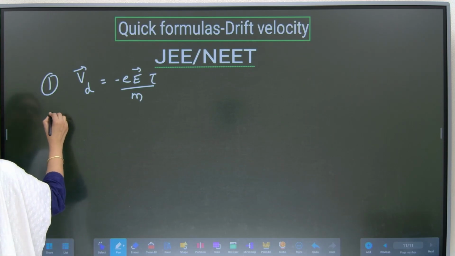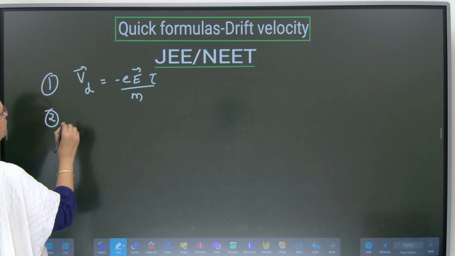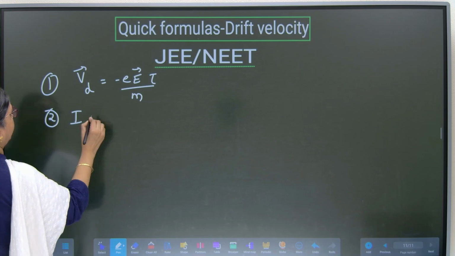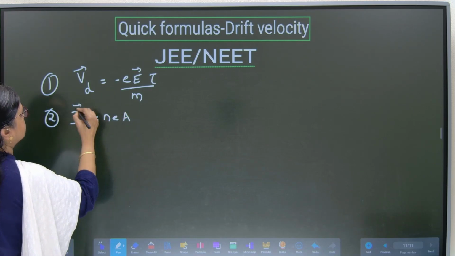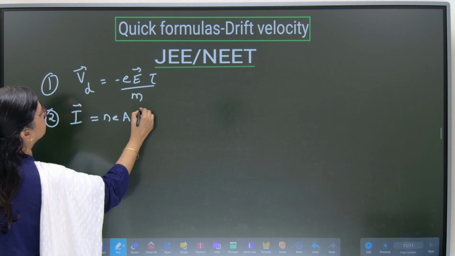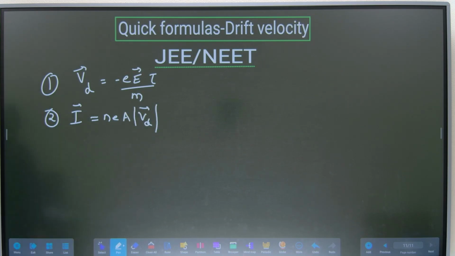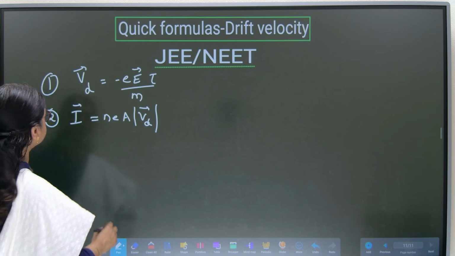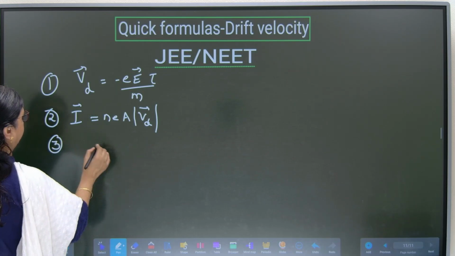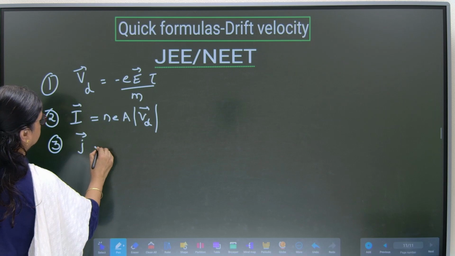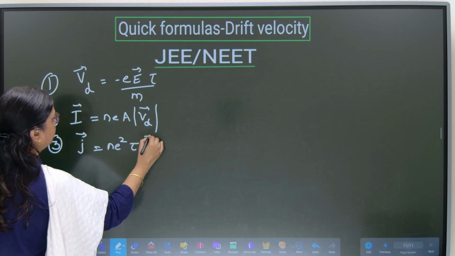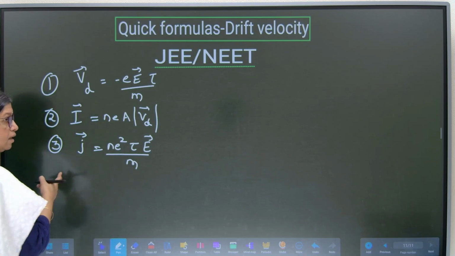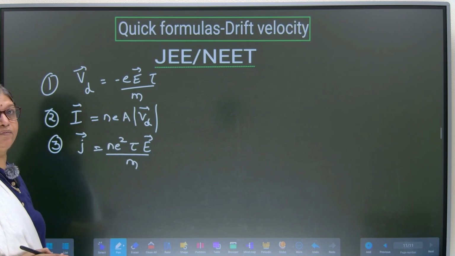Then we also derived in the next page I is equal to N e A Vd. We also derived in the next page J is equal to N e square tau E upon m, where J is the current density, substituting Vd.